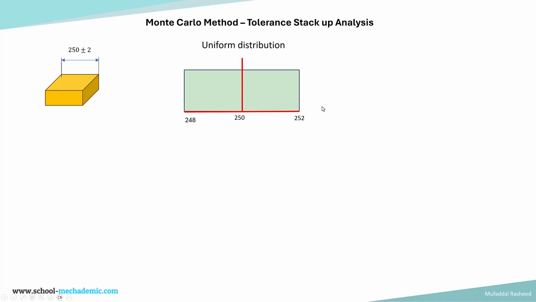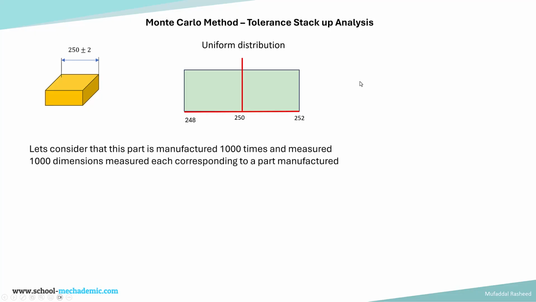Now, what if we manufactured 1000 times this same block and measured the 1000 corresponding dimensions for each part which has been manufactured? So according to this uniform distribution, if we are manufacturing 1000 parts, we will get the number of parts which are equal as measured between 248 and 252.